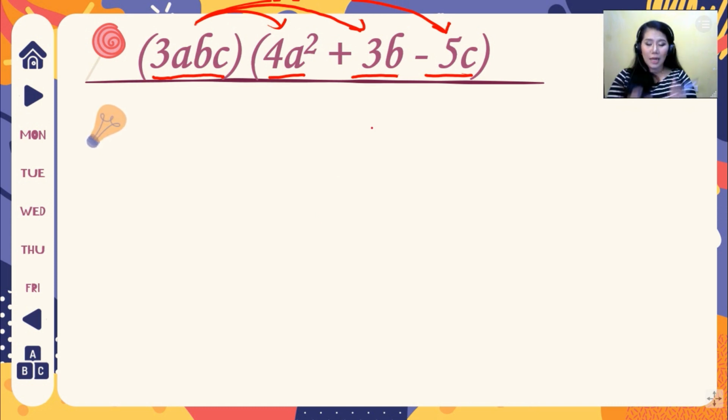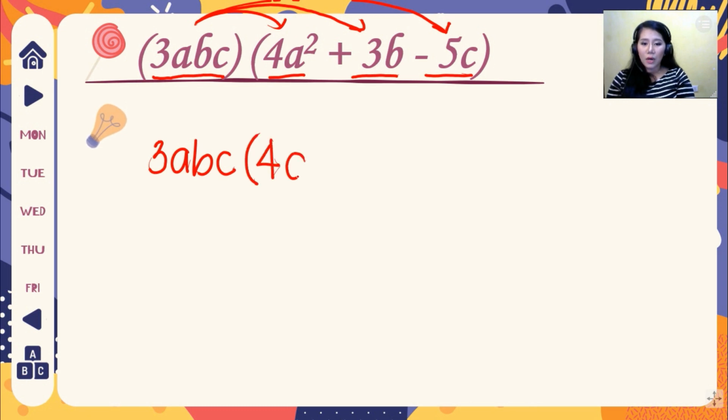Pero, ililista muna natin sila. Ano ba yung unang pinamumultiply muna? Si 3abc, pinamumultiply kay 4a squared. So, ito yun. Okay? Then, sunod, si 3abc pinamumultiply kay positive. Take note, positive to ha.